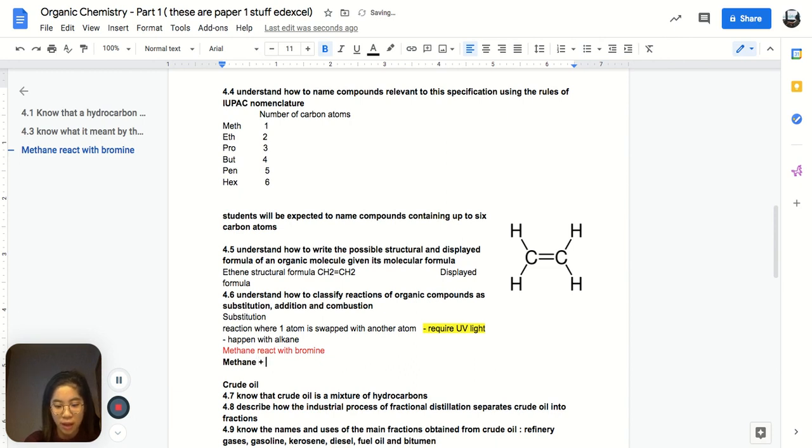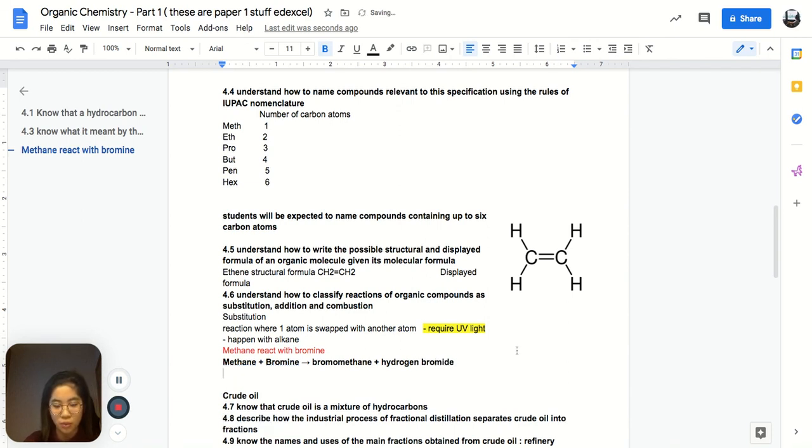It's basically methane plus bromine gives you bromomethane plus hydrogen bromide. And also the formula equation is CH4 plus Br2. If you don't get why it's Br2, it's okay. You got to learn this when you learn group 7, which I probably will teach you guys by then.